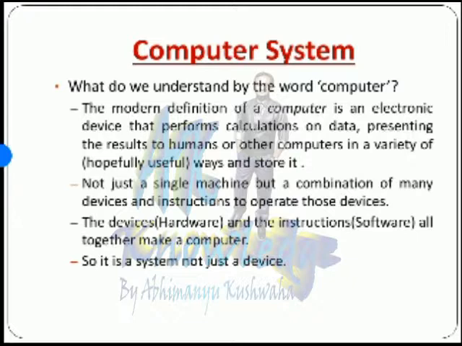Not just a single machine but a combination of many devices and instructions to operate those devices. What does it mean? It means that there are lots of devices. So computer is not a single device, it is a combination of many devices. Third point is the devices like hardware and the instructions like software all together make a computer.